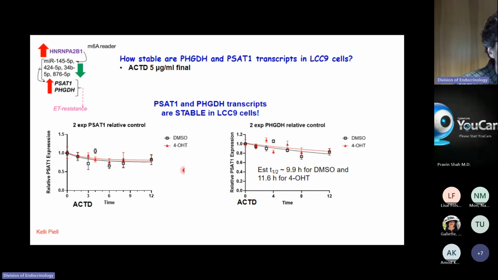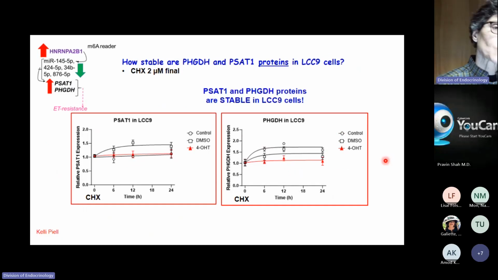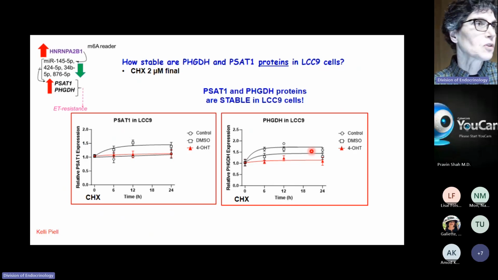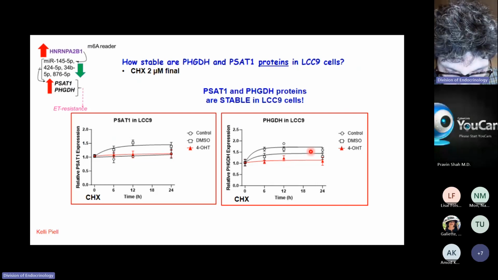And we found, lo and behold, wow, PSAT1 and PHGDH are very stable in LCC9 endocrine-resistant cells. What about protein? Well, to look at protein stability, you treat the cells with cycloheximide, which inhibits translation. And so what we can see here is that there's no loss of protein. And if anything, we're getting more stabilization with cycloheximide. So these are very stable transcripts and proteins in LCC9 cells.